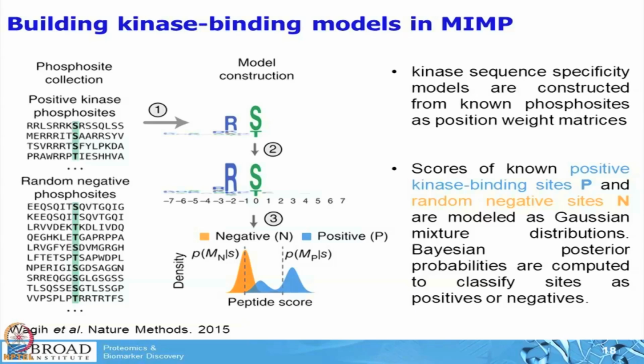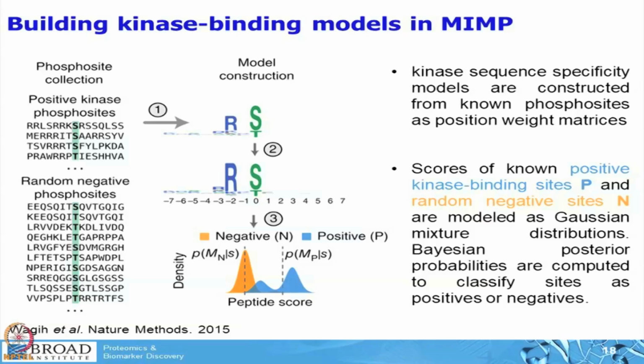So you have two sets of phosphosite collection. This is actually how we built the model here. One is all positive kinase phosphosites, so these are known substrates, and then to get a background data set or a negative distribution, you choose random negative phosphosites.